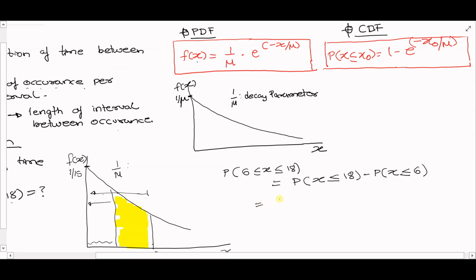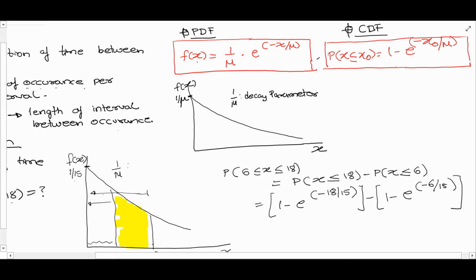So the probability that x takes value less than 18, we can use the CDF, which is 1 minus e to the power minus 18 divided by mu. Mu, remember, is 15. And then minus 1 minus e to the power negative 6, x naught will be 6, divided by 15.